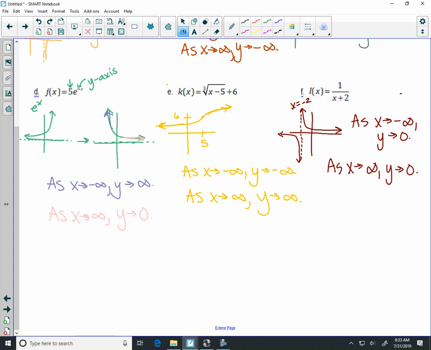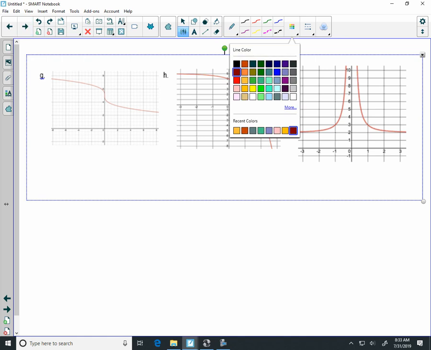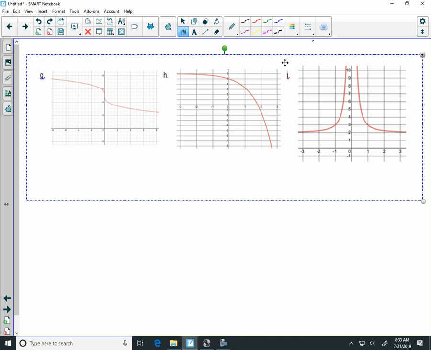Okay, there are just a couple graphs to do with end behavior as well. It's helpful, I think, to identify on these graphs what function you're looking at. Here with g, this is cube root. That's a cube root that's been moved and flipped.